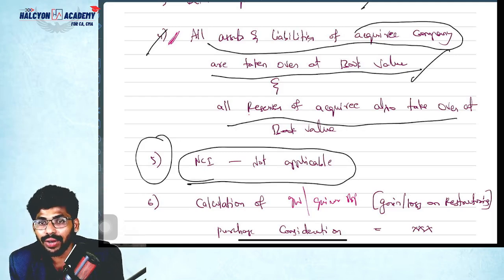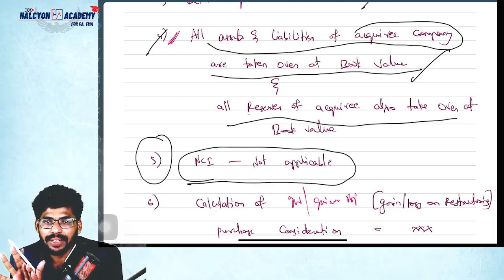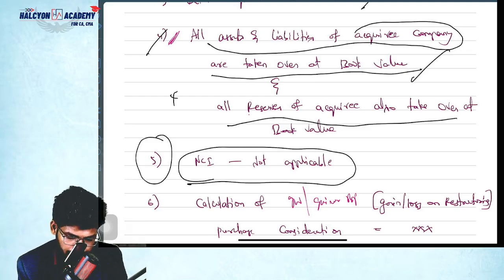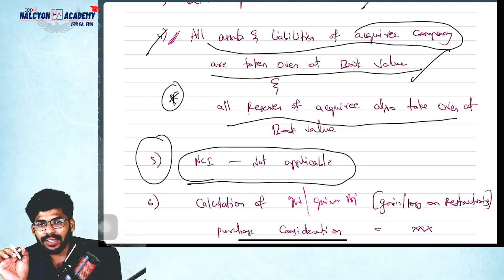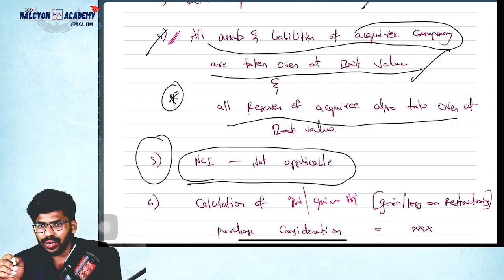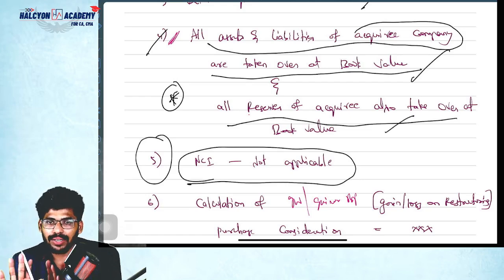Please consider this special point: in a common control transaction, you need to consider equity also, other equity, nothing but reserves. Total assets minus outside liabilities, right? So when we are reducing the outside liabilities, you need to reduce these reserves also. That's the point you need to remember.